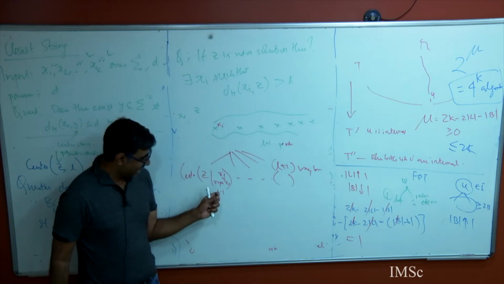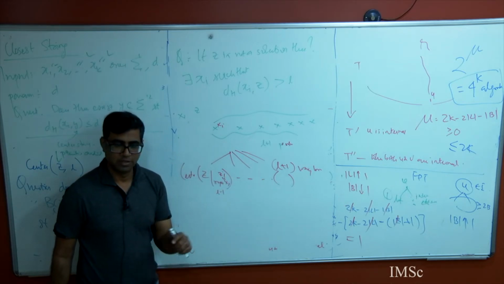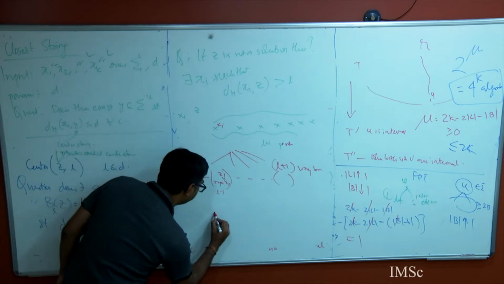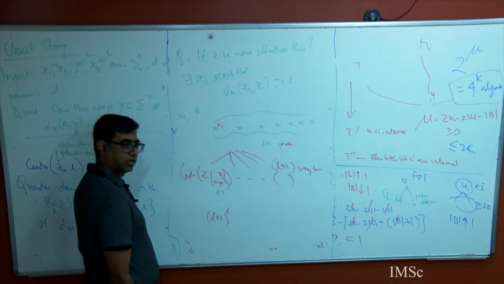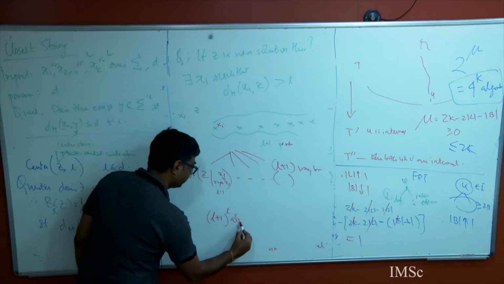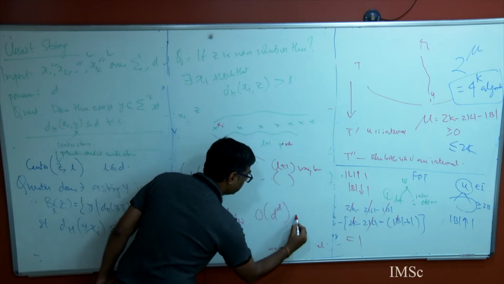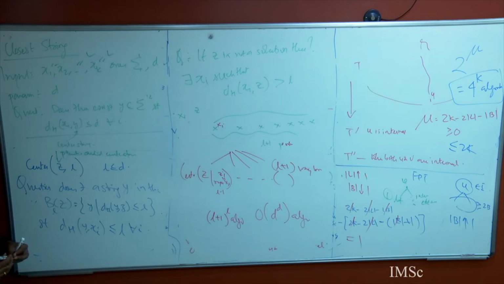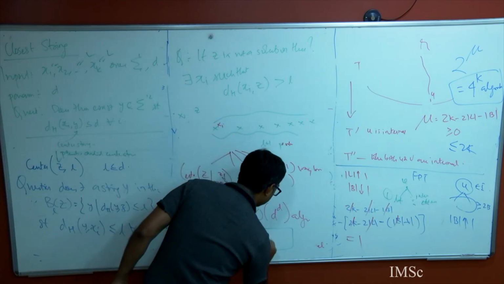So first of all, what is the branching factor? L plus 1. And what is the branching depth? L. So this is basically an L plus 1 to the power L algorithm. Agreed? And since you all agreed, this is basically an order d to the power d algorithm. Right? And we will show that this is optimal. We cannot do better than d to the power d. Later we will show this is optimal.